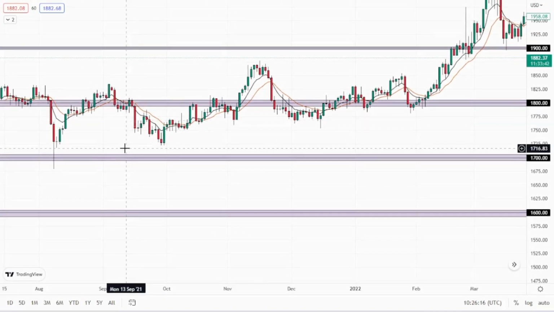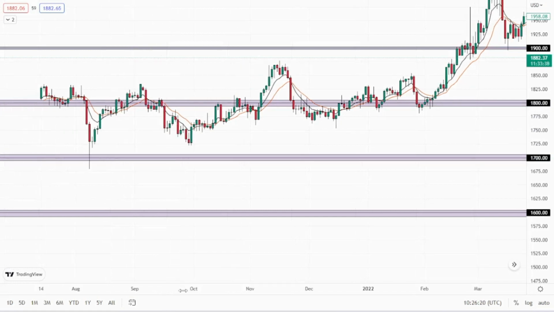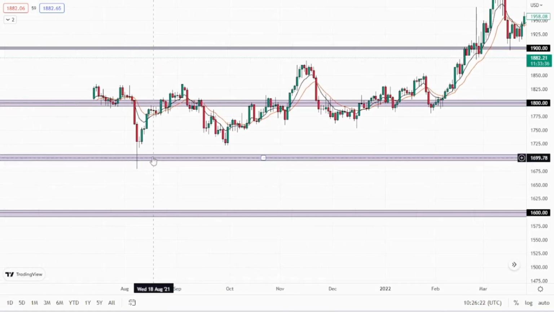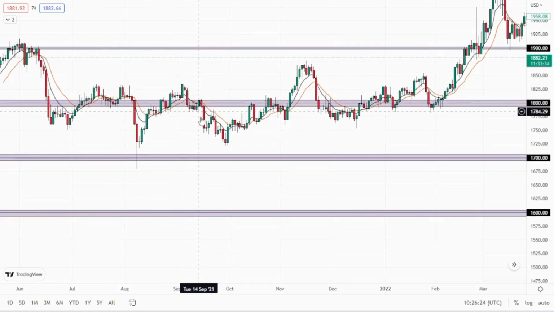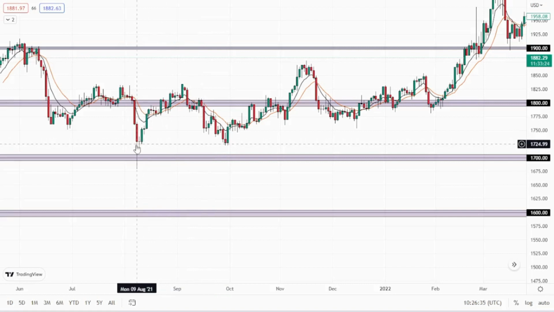Back in September 2021, we had a rejection of the zone. Price faked out, came back to find support. So this may be considered as a key level on the lower time frames.